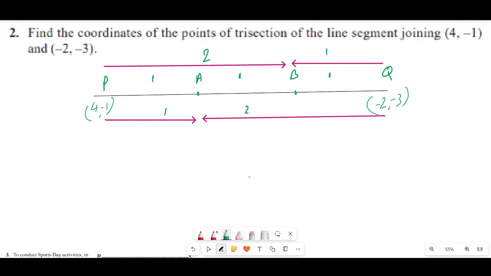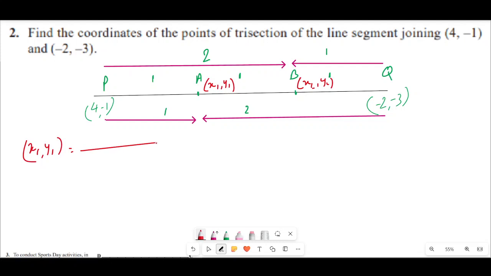Now in this figure we are able to find the coordinates of A and B. Clear? First we should define where the coordinates are. Suppose this is x1, y1 and this is x2, y2. Now we will use the section formula.